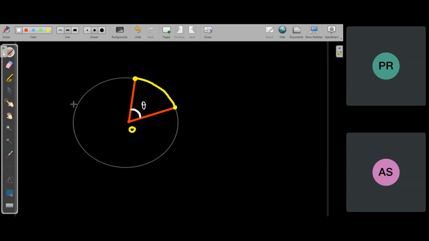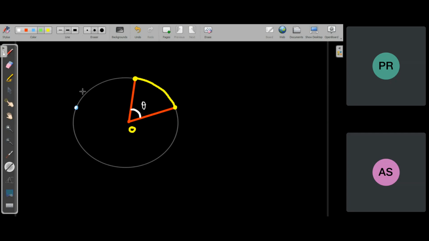Now, if you want to find angular velocity not about the origin but about some other point, say a point on the circle itself, then the angle it rotates is different about this point.